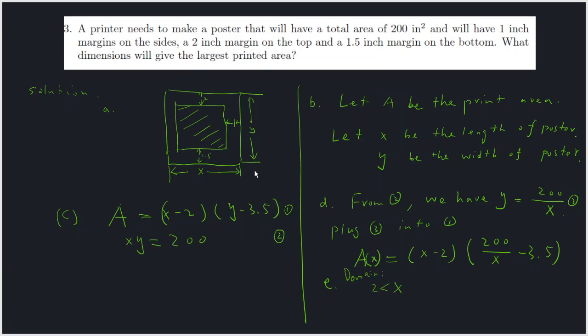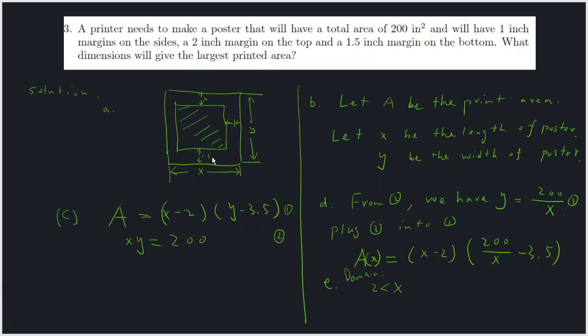The largest possible value of x is determined by the least possible value of y, right? And then you think about the least possible value of y. It cannot be 0, because you have to have a top margin of 2 and a bottom margin of 1.5.